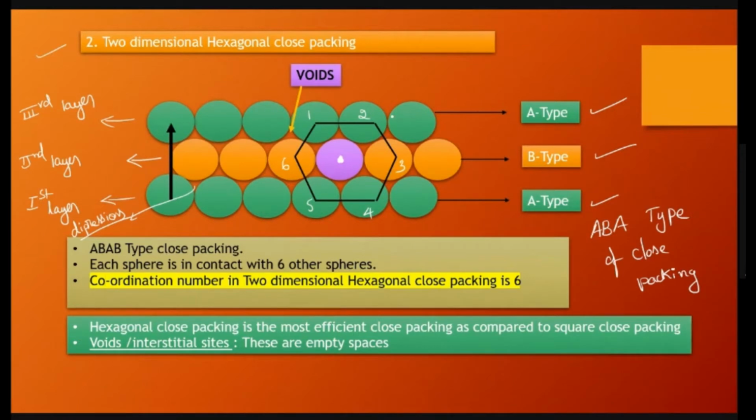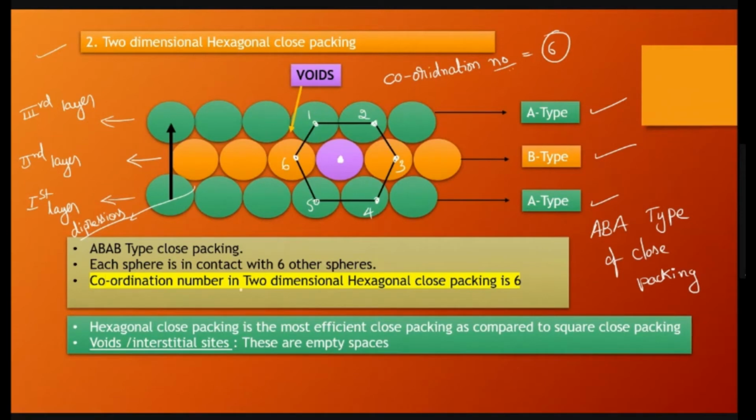So the coordination number should be 6, right? If I join the centers of all these 6 atoms, I am going to get a hexagon. You can see the hexagon. Hexa means 6.